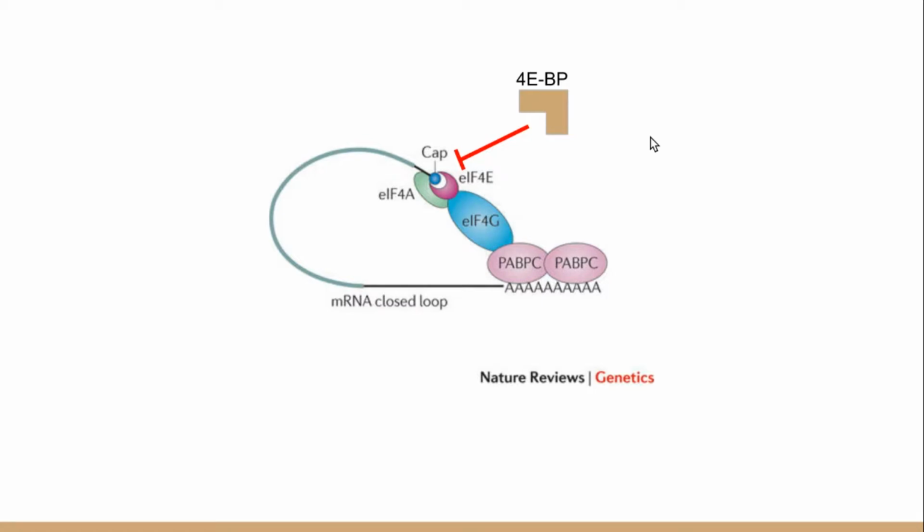Our poly A tail is bound by poly A binding proteins, and these help to nucleate the pre-initiation complex by recruiting eIF4G. eIF4G is a kind of scaffolding protein that circularizes the mRNA and helps to promote the polyribosome structure. So the polyribosome, which means multiple ribosomes, right? Poly meaning many.